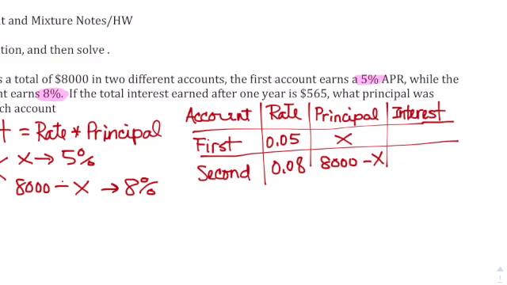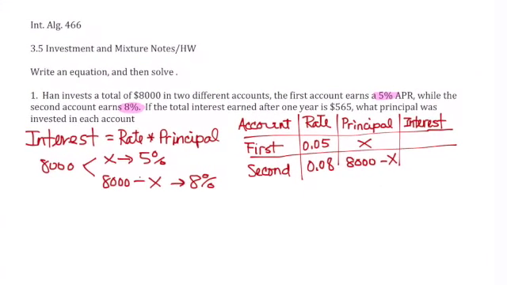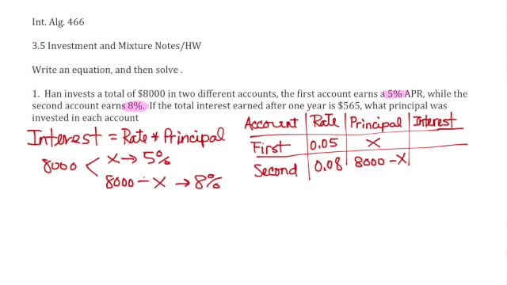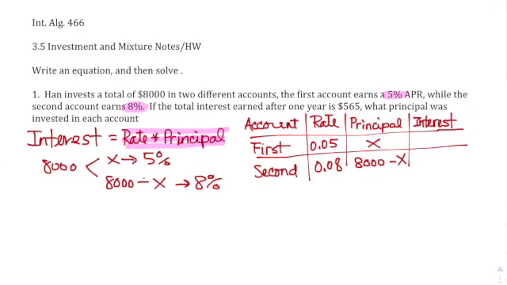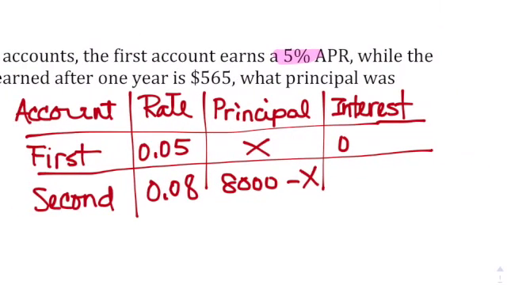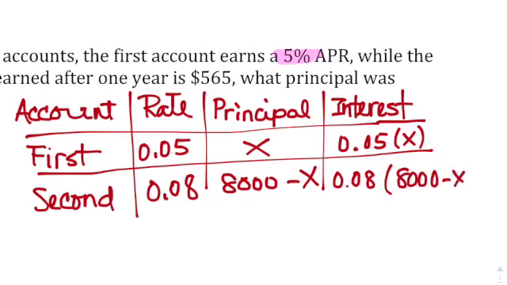And how do you get the interest? Well, rate times the principal gives you the interest. So in this case, I'm going to take the rate times the principal, which is going to be 0.05 times the x, and the bottom is 0.08 times 8,000 minus x.